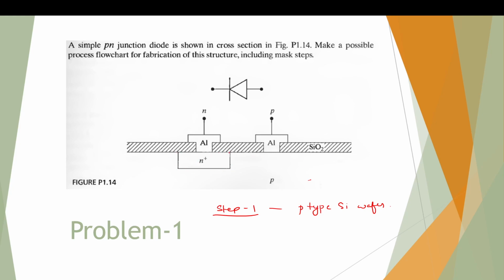There are multiple approaches that were taught: diffusion based doping and ion implantation based doping. But we had learned that in ion implantation we can control the depth of penetration very well. Also we can do ion implantation by simply using a photoresist mask. So I would say that the second step we can go ahead and do an ion implantation.